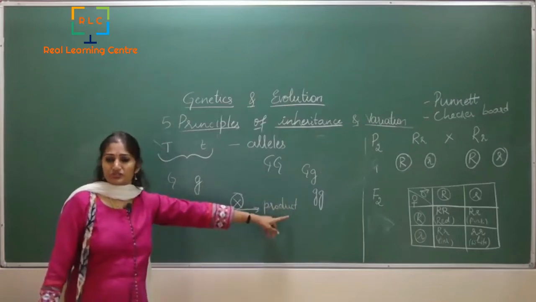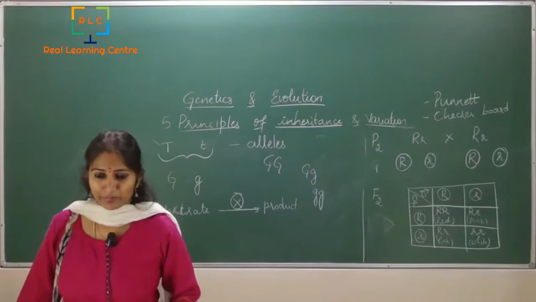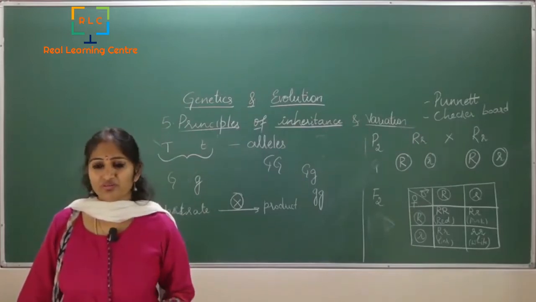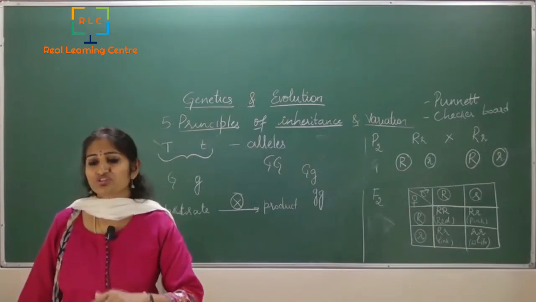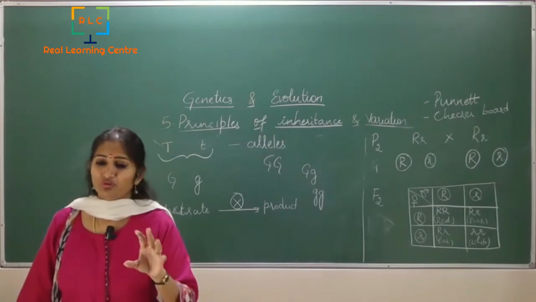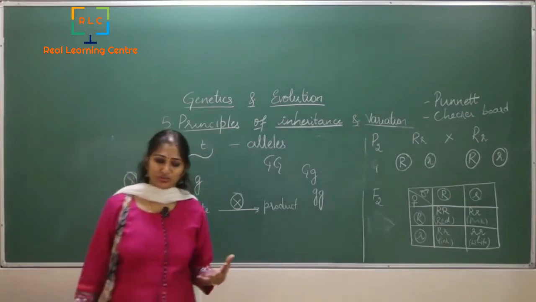And this product might very well give you a phenotype. It might be tallness, the pink color of a flower, the white color of a flower, or it might not have any phenotypic function at all. That is also possible.